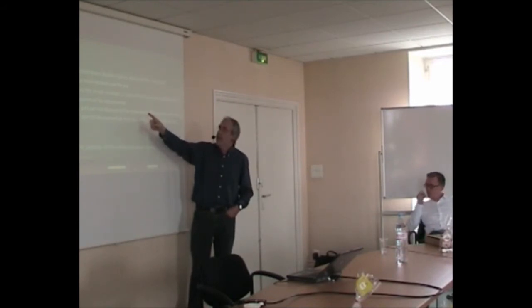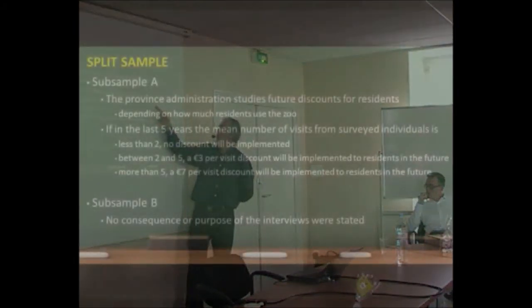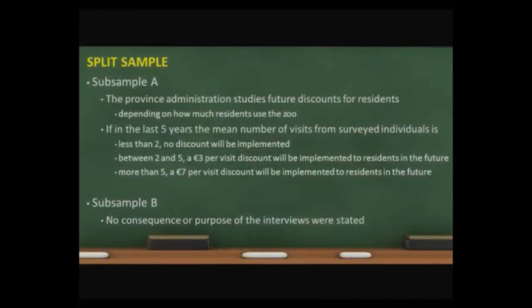If in the last 5 years, on average, the number of visits from the people we are surveying is less than 2 times in 5 years, then there is no discount. So if you only come once, on average, no discount for anybody.